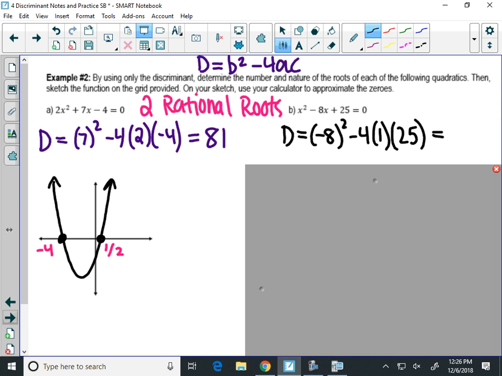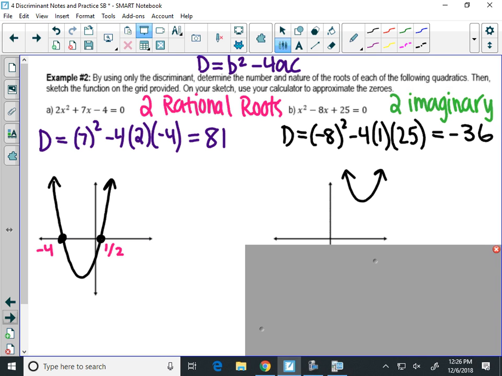What do you get? Negative 36. All right. What kind and how many roots are we going to have this time? 2 imaginary. If you had negative 36 under a radical, when you simplified it, there would be an i. So there'll be imaginary roots.